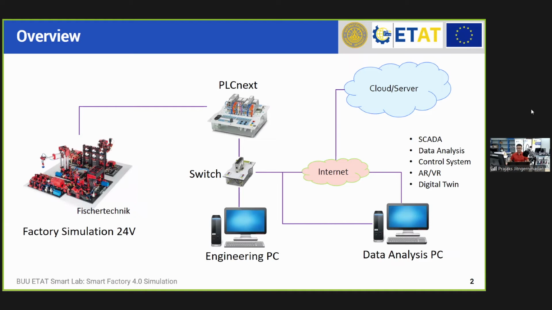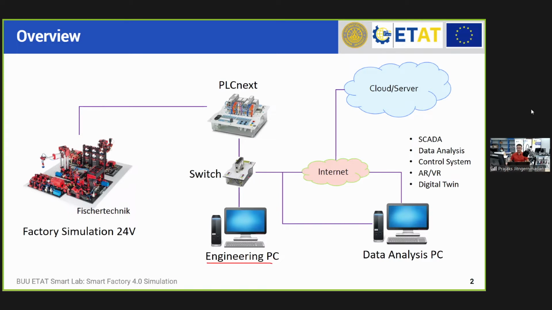We have the factory simulation, which consumes 24 volts and connects to the PLC. So this is the PLC voltage that we use. We connect the factory simulation set with the PLC Next, and over the switch we can share or control this factory simulation by using the engineering PC.